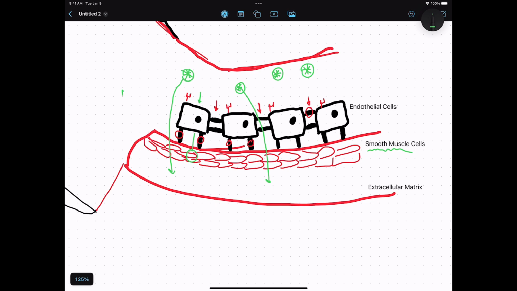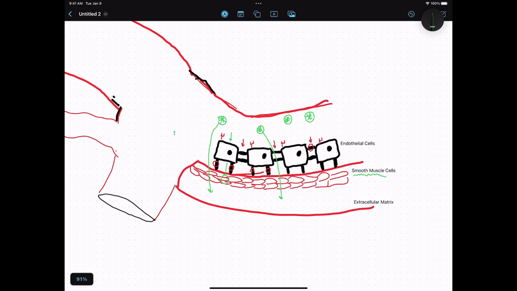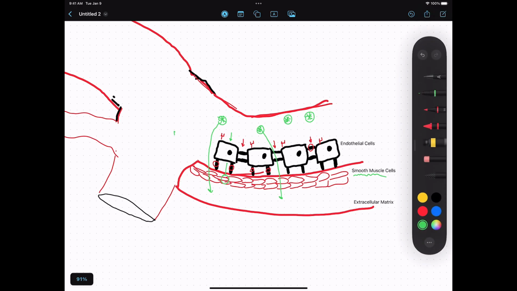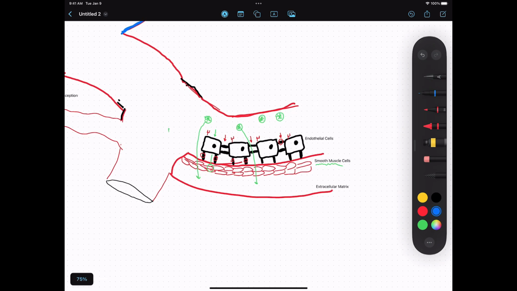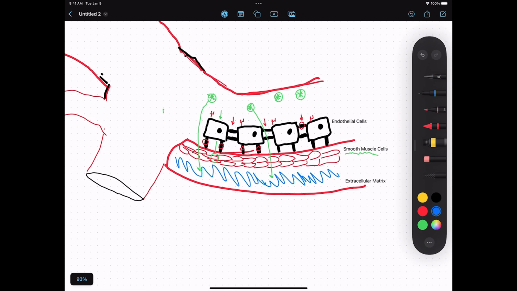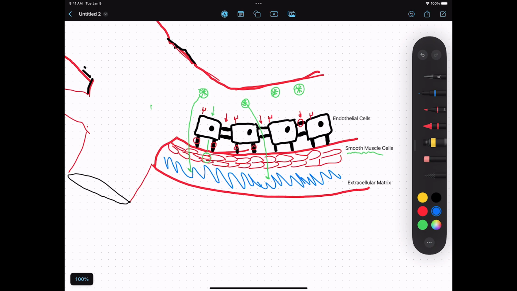Underneath that, in vessels, we have this patchwork of various fibrinogens down in here. This is what we call the extracellular matrix. It's made up of stiff tissue that gives the vessels a little bit of rigidity.